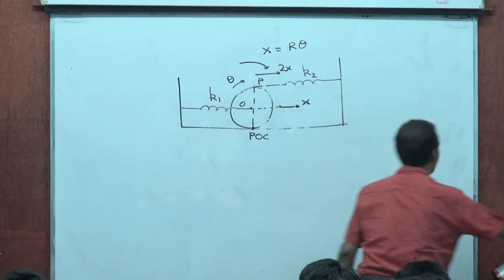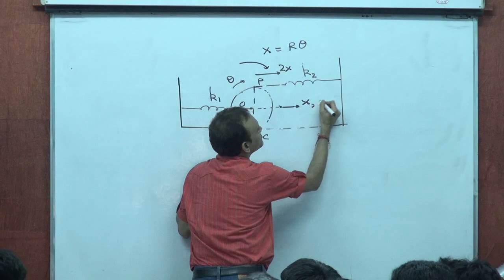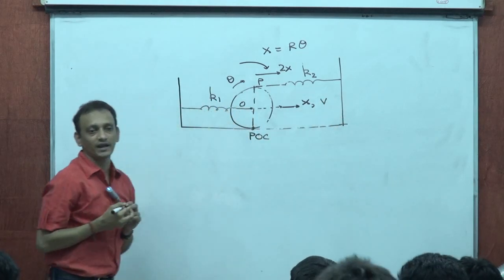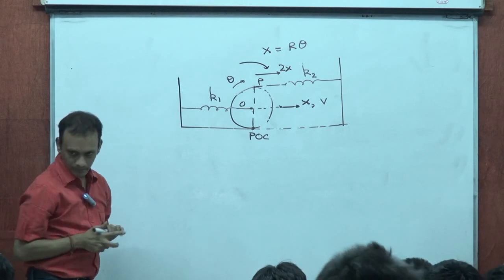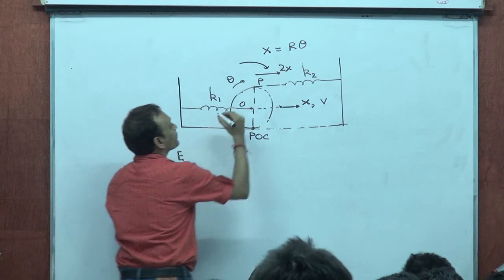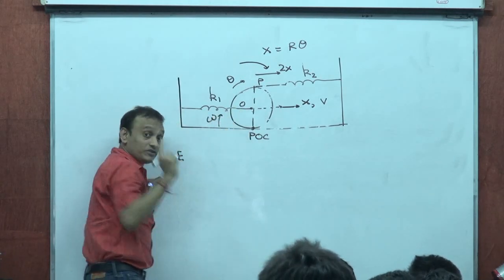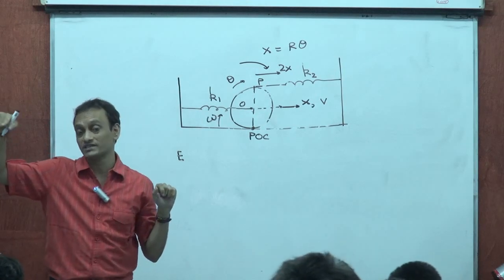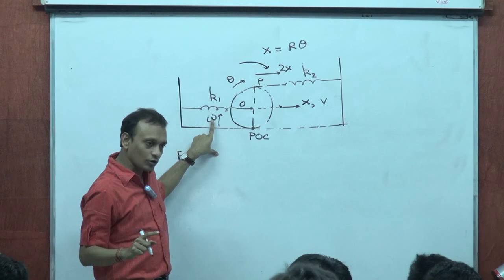Say at an instant when this has moved to the right by an amount x, let's say it develops a velocity v. What's the total energy? And it develops an angular velocity omega, which is different from the angular frequency. V, however, would be r omega.